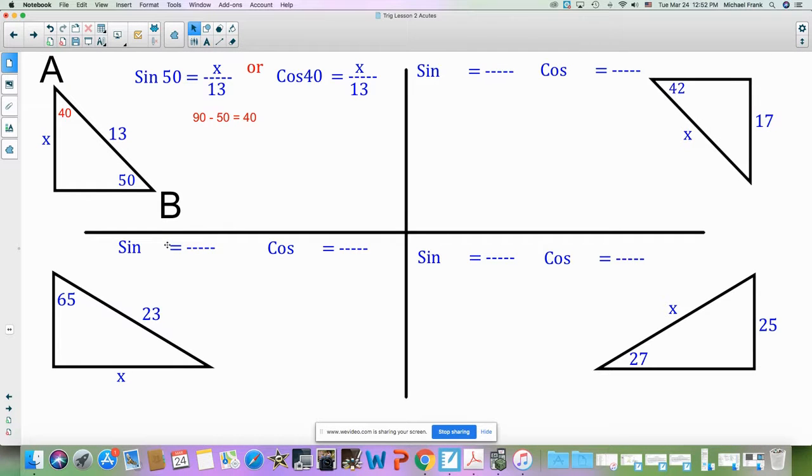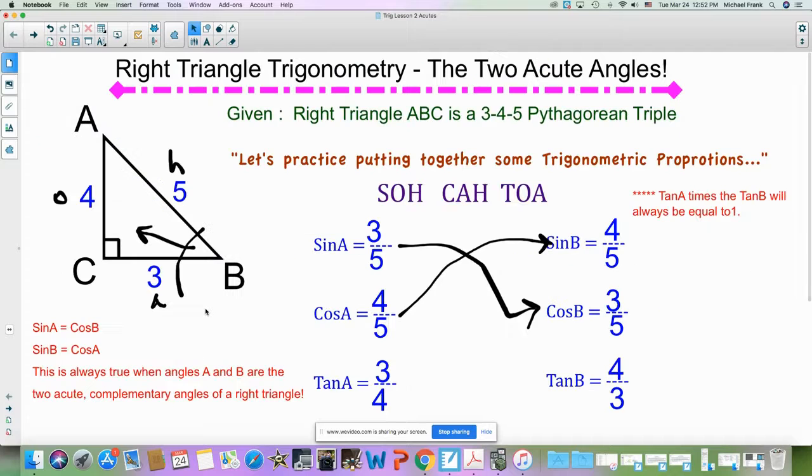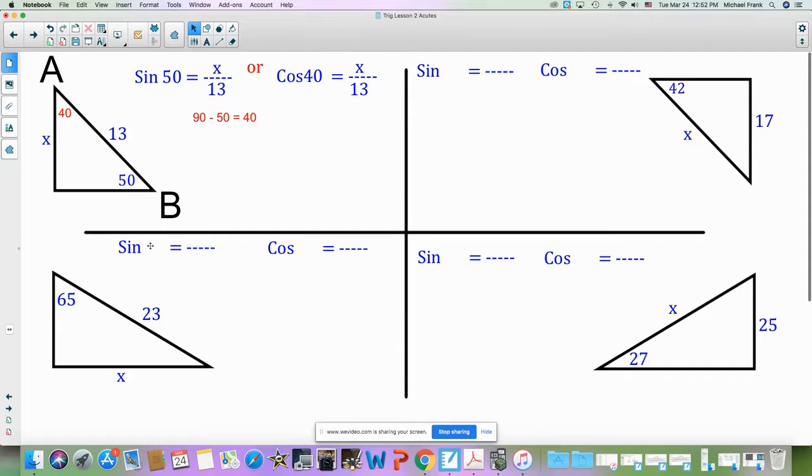All right, so let's look at this one down here. So the sine of 65 degrees will be equal to the opposite over the hypotenuse, so we have x over 23.